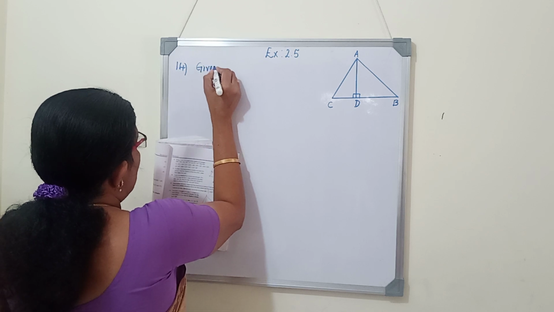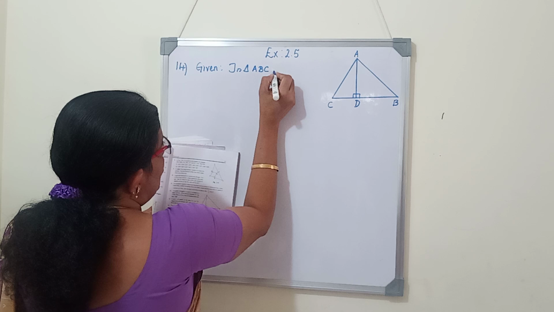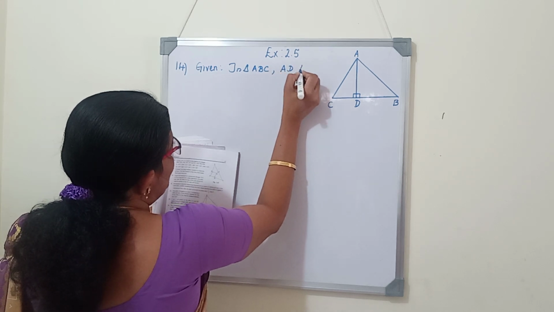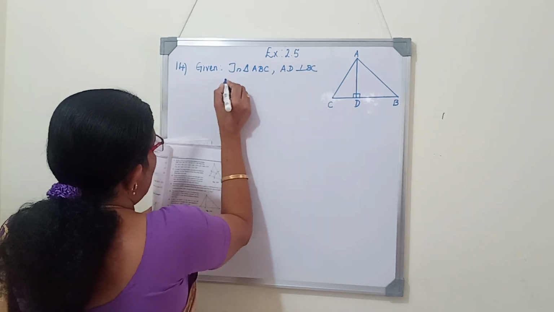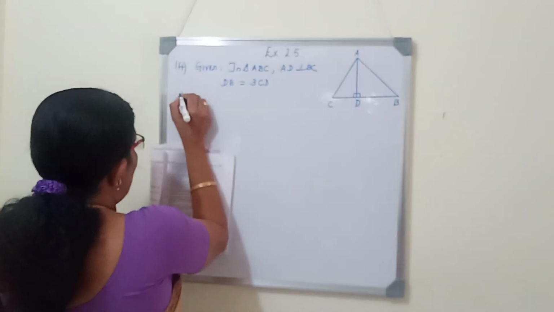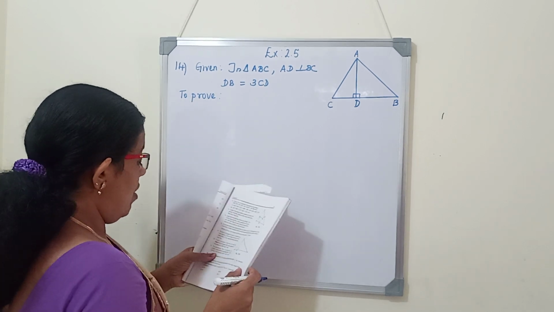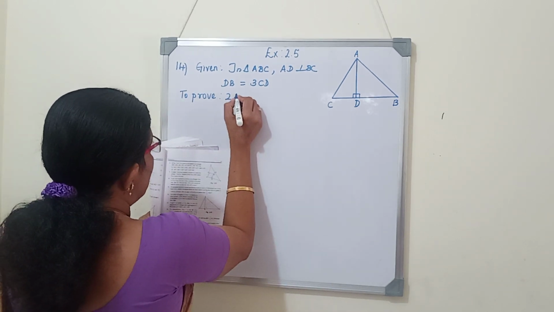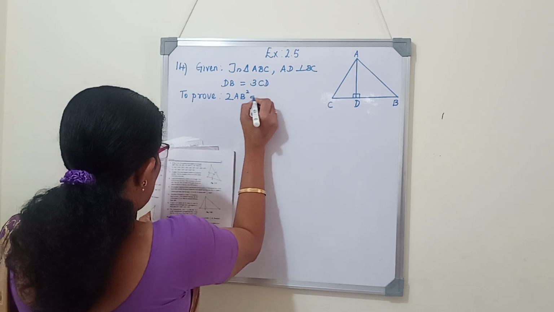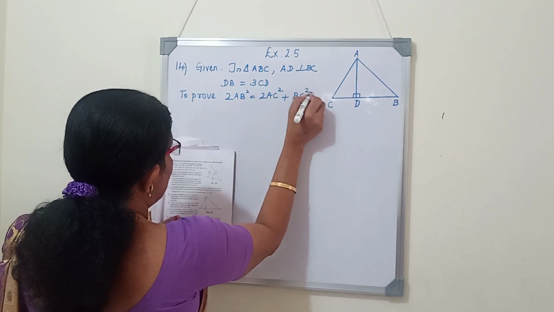DB is 3CD, given. In triangle ABC, AD is perpendicular to BC, DB is equal to 3CD. We have to prove that 2AB square equals 2AC square plus BC square.